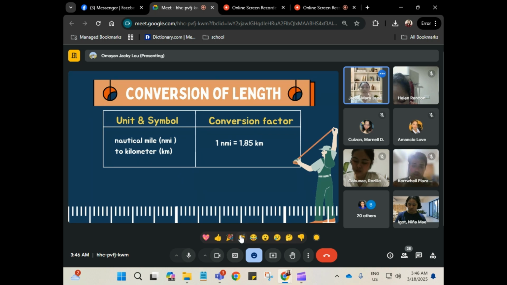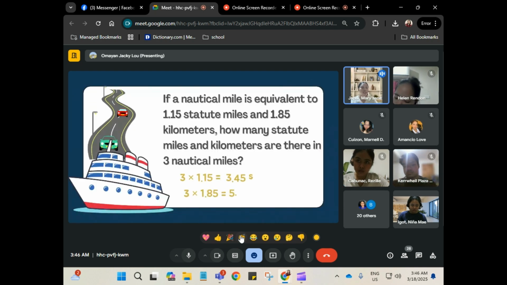Now, class, let's convert one nautical mile to kilometers. So 1 nautical mile is equal to 1.85 kilometers. So next slide, Jackie.